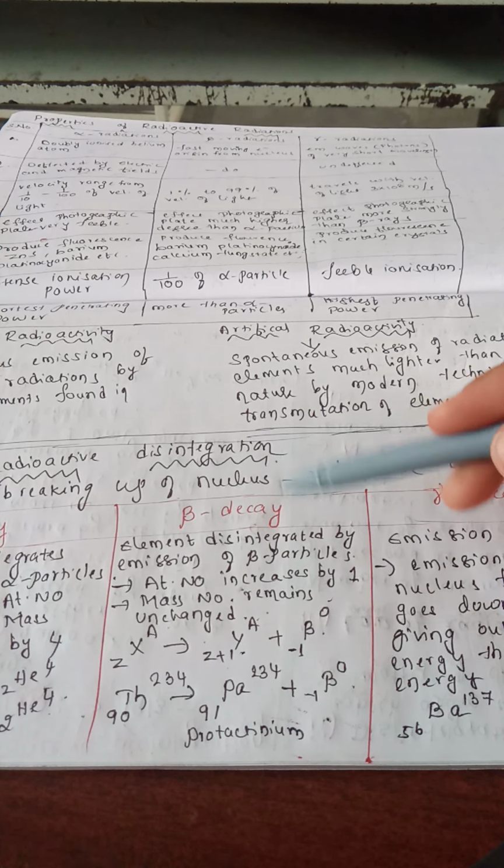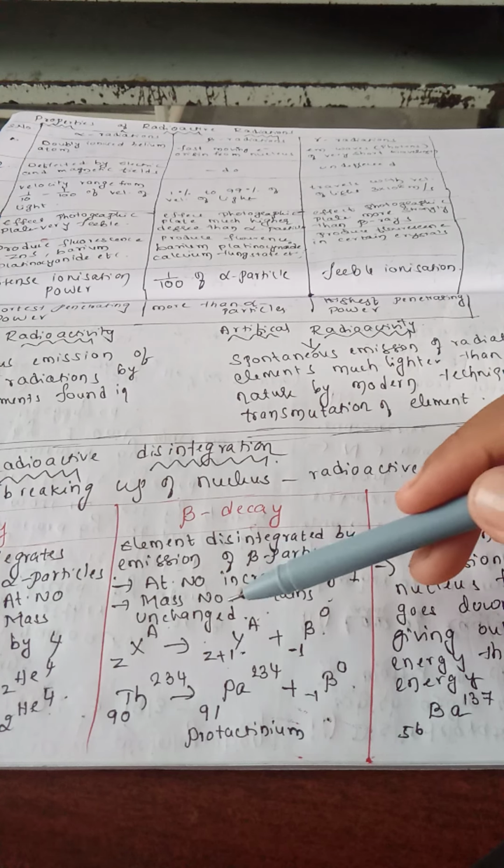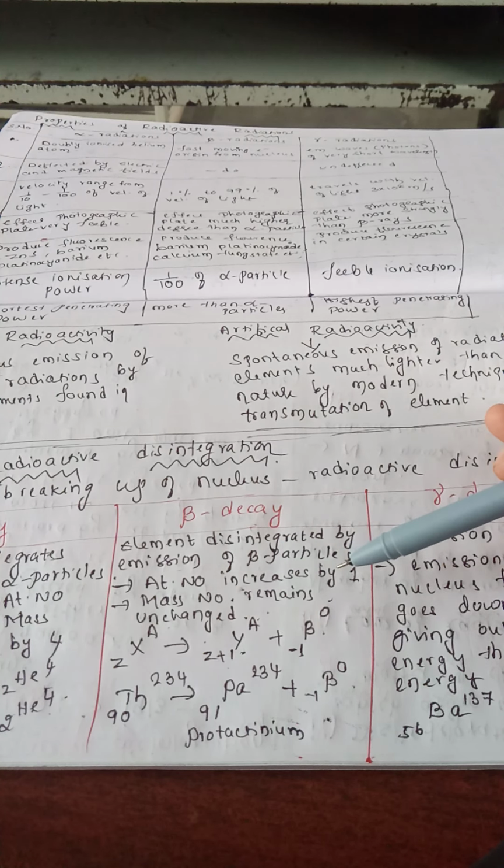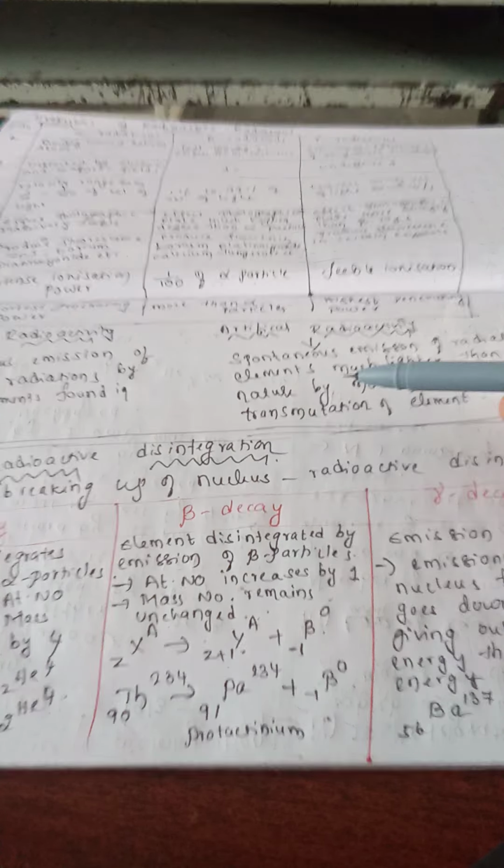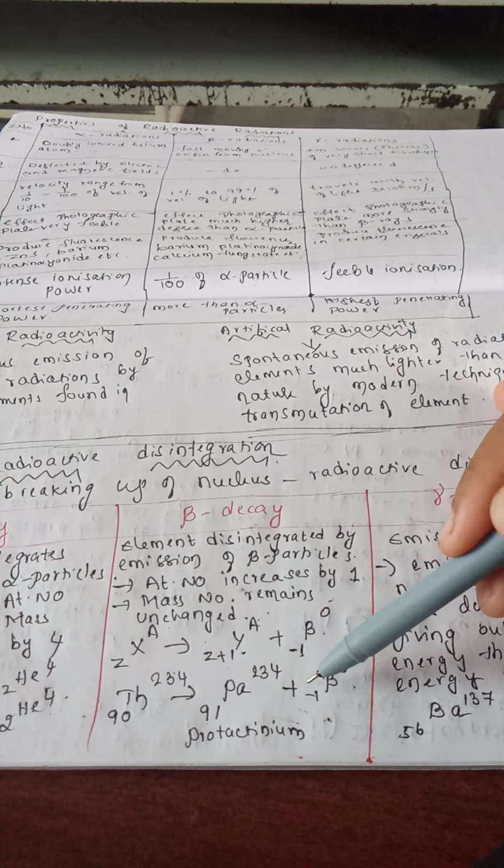Now let us take the example of thorium 90-234. The atomic number is increased by 1, so it becomes Z plus 1, 90 plus 1, 91, protactinium, and the mass number remains unchanged. So Pa 91-234 plus beta (-1, 0).